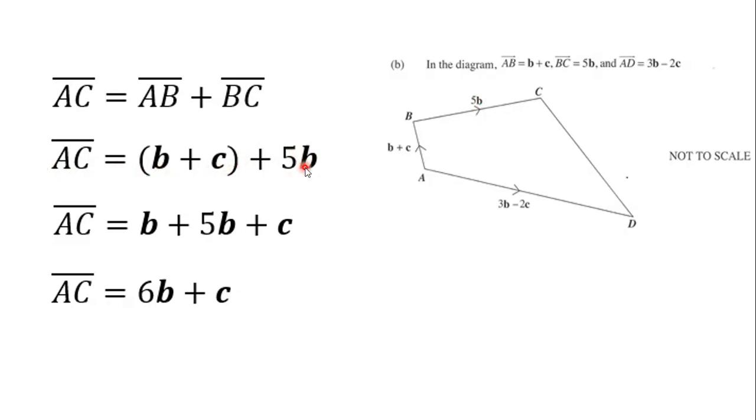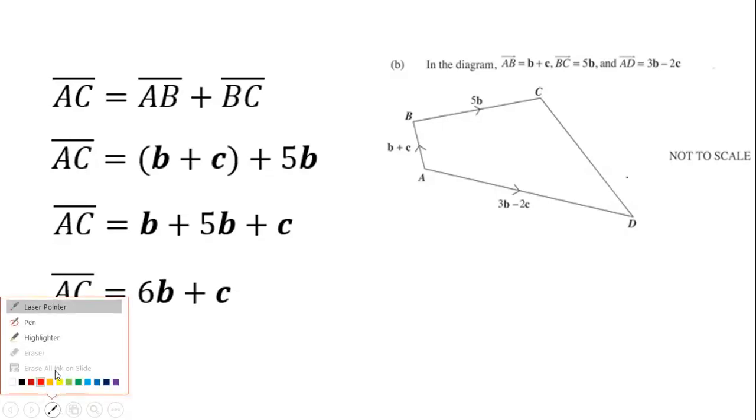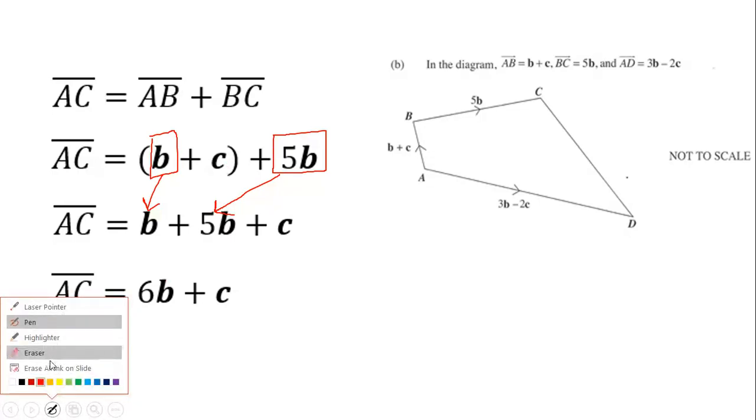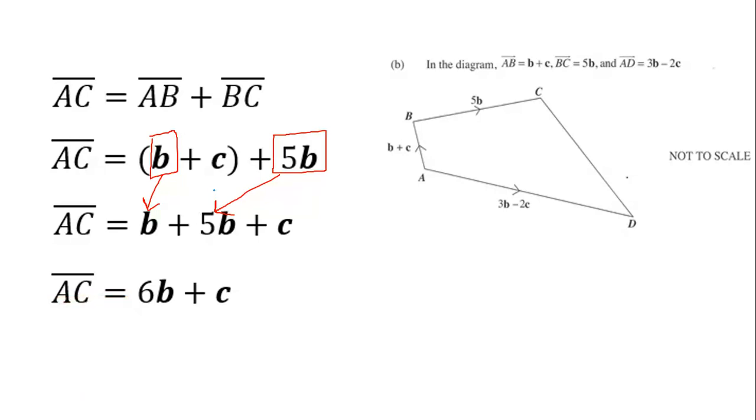Can we simplify? Of course we can. Let us group our like terms. We have a B here, and we have this 5B, so we put it next to our B. C is the only C term, so it is all by itself.